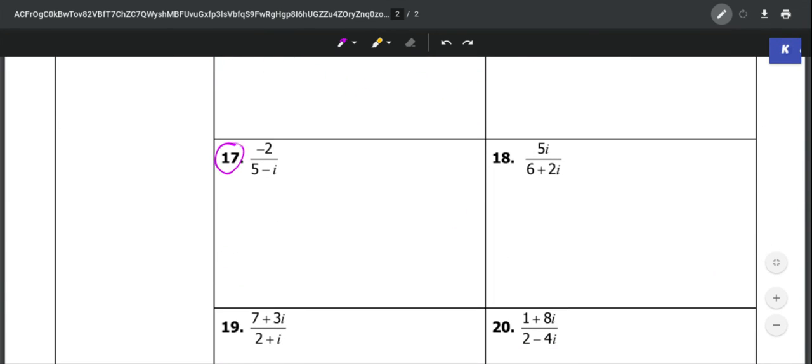On number 17, we've got negative 2 divided by 5 minus i. The only way we can get rid of that bottom is to multiply the top and bottom by the conjugate, which would not be 5 minus i, it would be 5 plus i. We just flip the sign of whatever's on the bottom, and that's the conjugate. So we're going to do that to the top and the bottom.